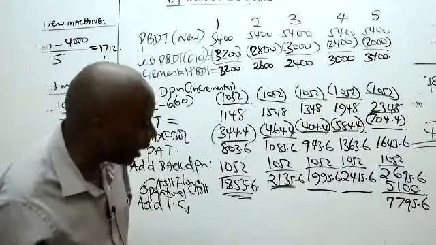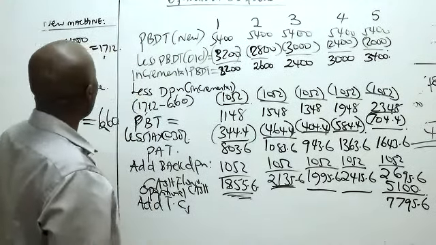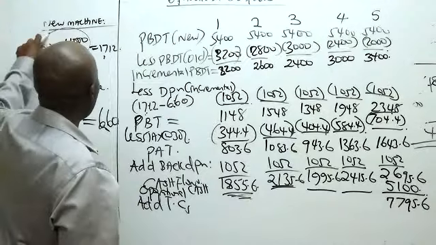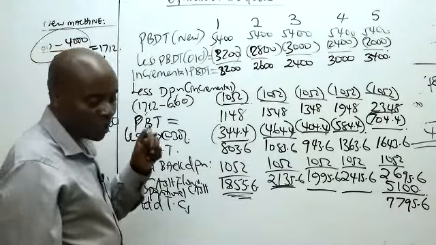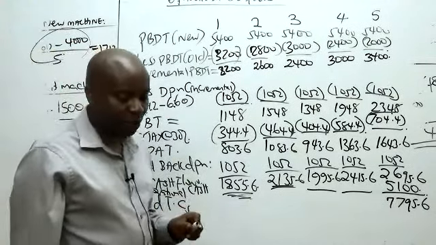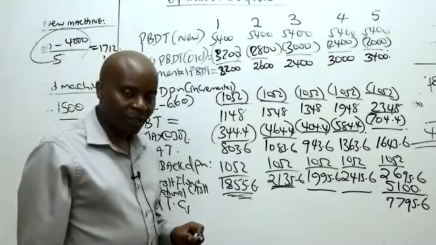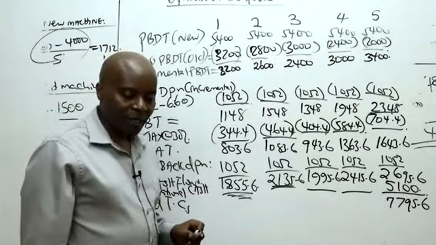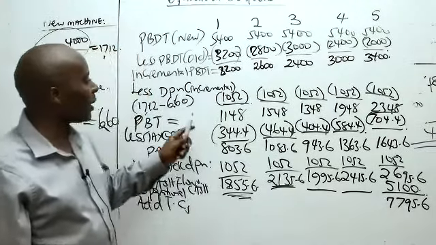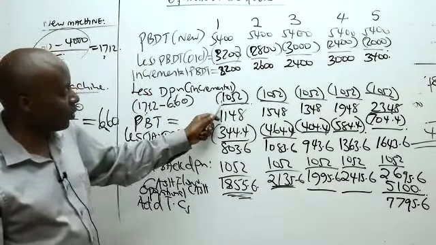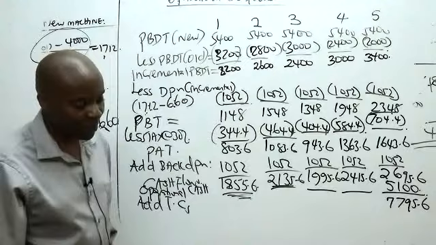Brian Musioka, network problem. I hope, Brian, you are able to see how we got the depreciation of the new machine and of the old machine. Once we got those two parameters, we were able to subtract them and came up with that figure.